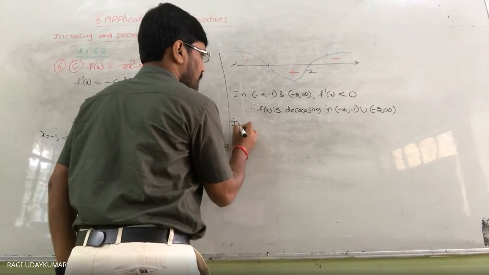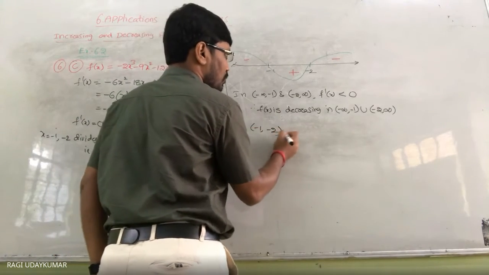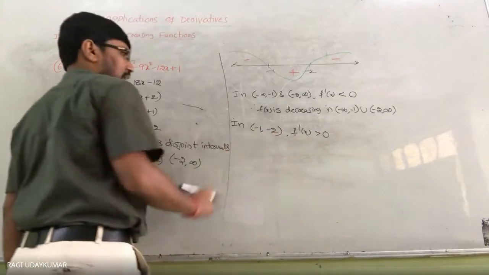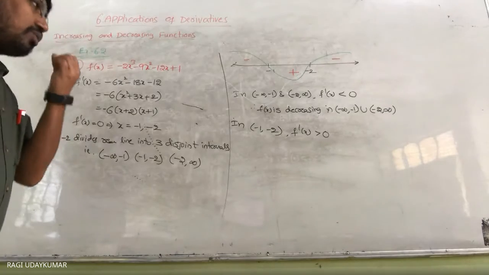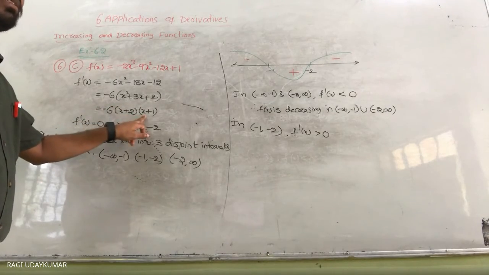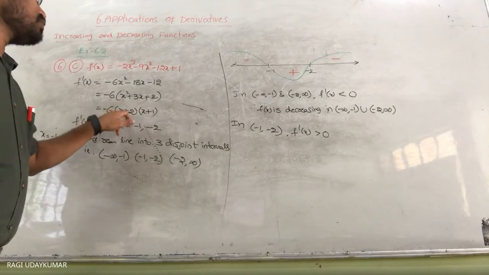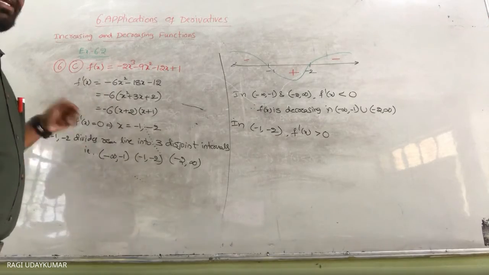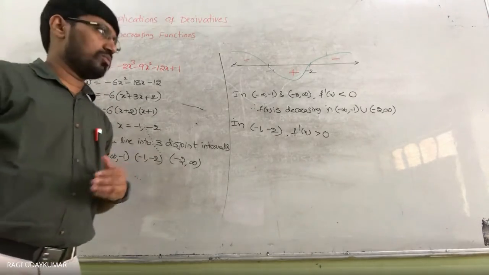Similarly, in minus 2 to minus 1, f dash of x is greater than 0. In this interval, substitute minus 1.5: you get positive here, and substituting minus 1.5 in the other factor gives negative. Positive times negative times negative will be positive. So you can also do it like that.